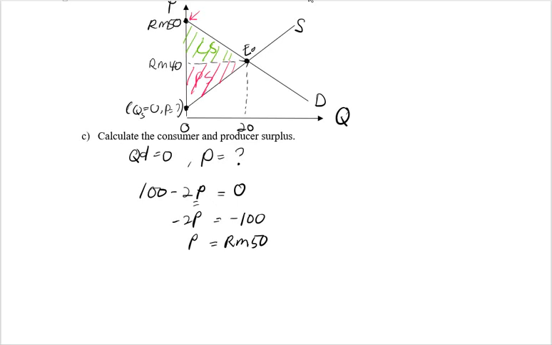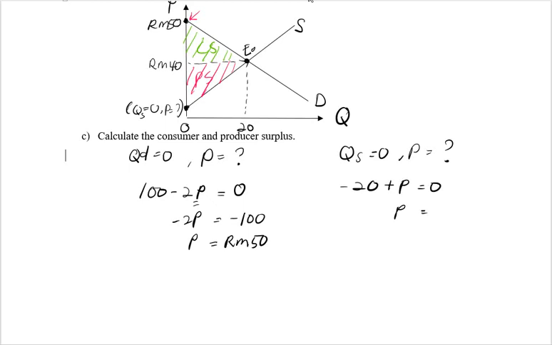To find the point here, you have to put quantity supplied as 0, because this point touches the supply curve. So what is the price? You take the equation of supply, which is negative 20 plus P equals 0.